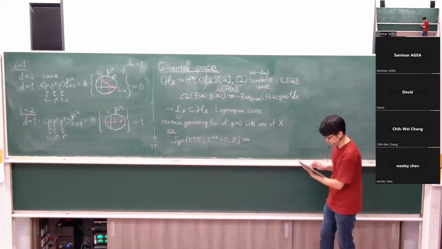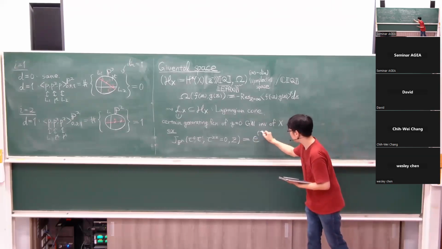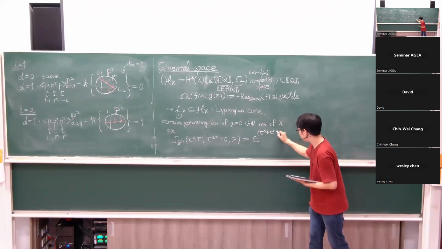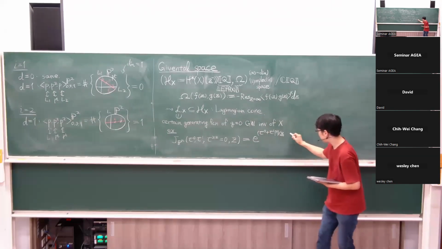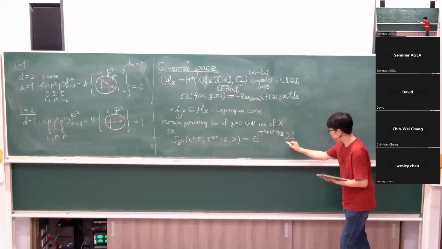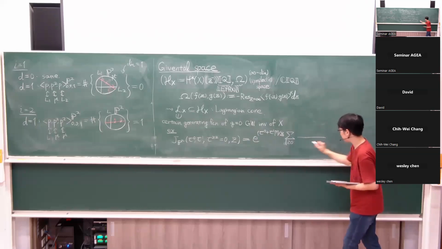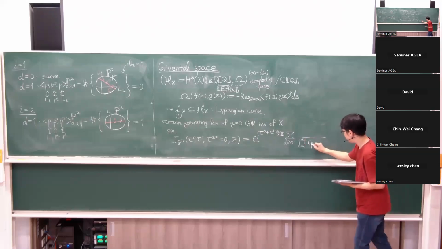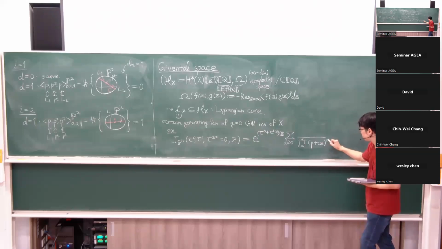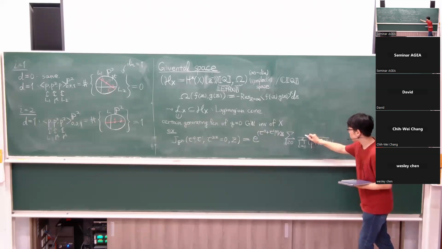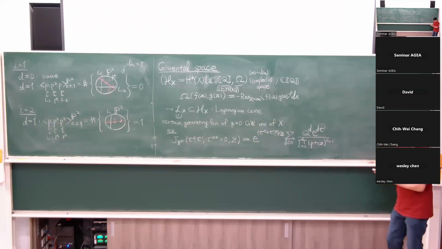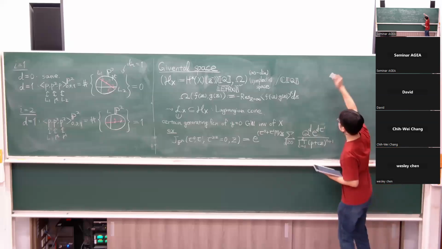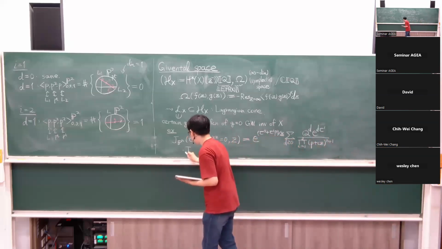Then we consider such a function. This gives an element of L_X. This is called the J function.